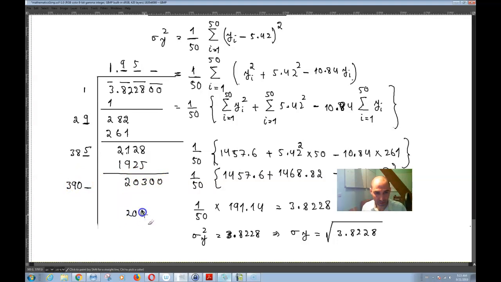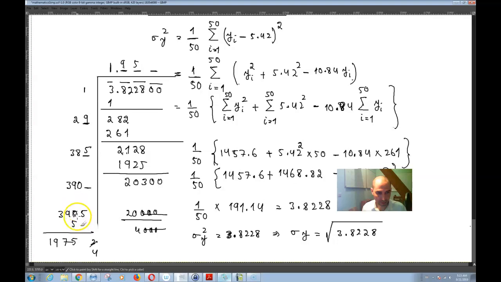So 20,000 divided by 4,000 is equal to, well, around 5 times. So 395 times 5 is equal to 25, 45, 19. Right? Oh, sorry, 390 and a 5 there.